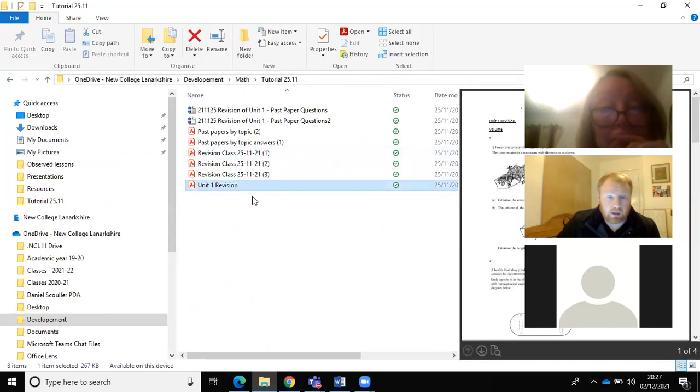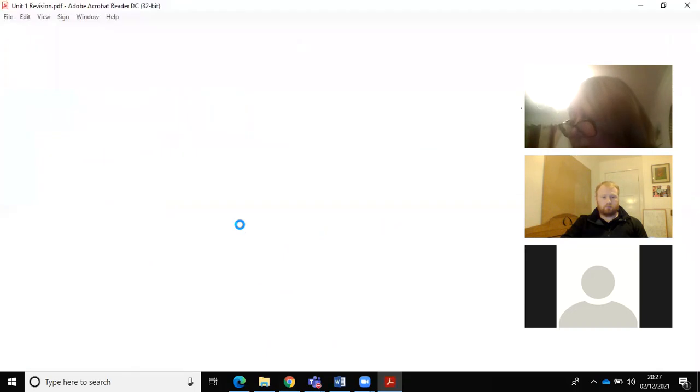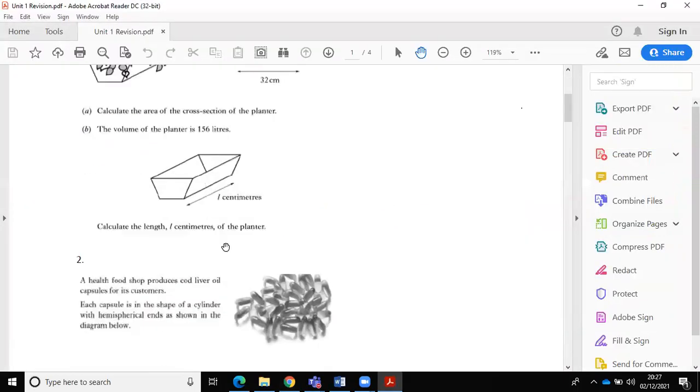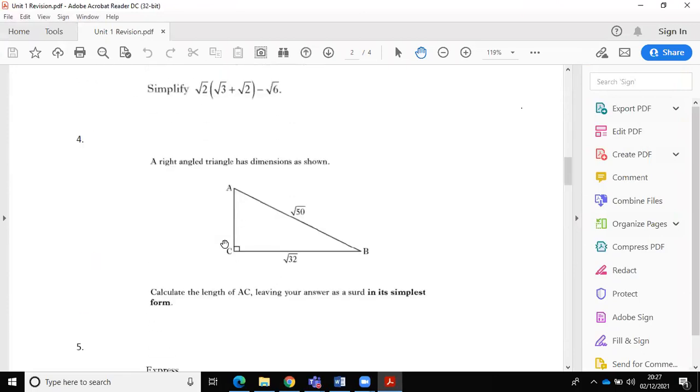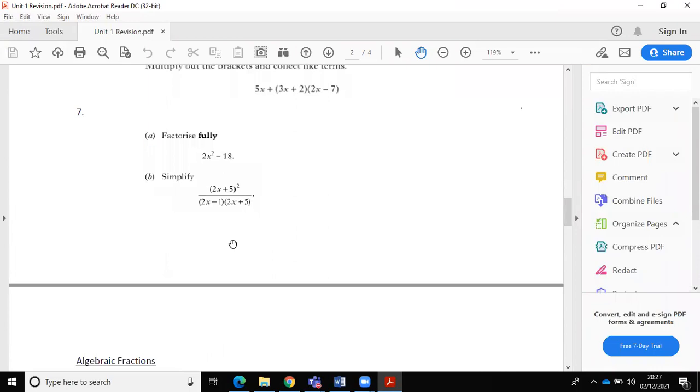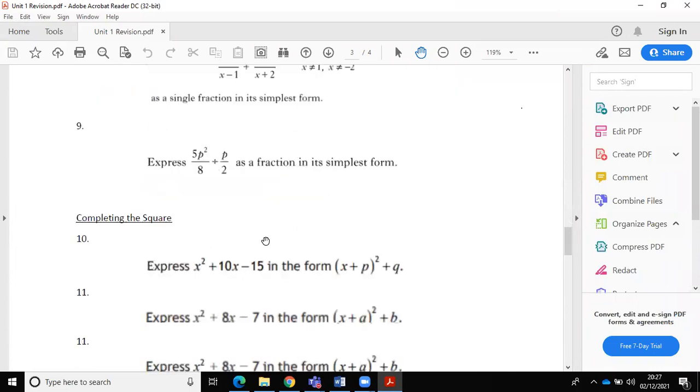So let's look at it. Simplify, express, brackets, and so on.